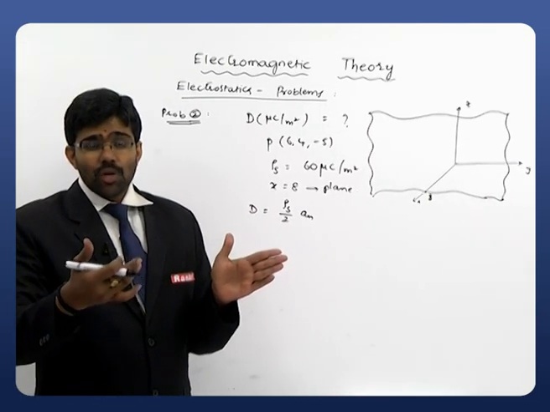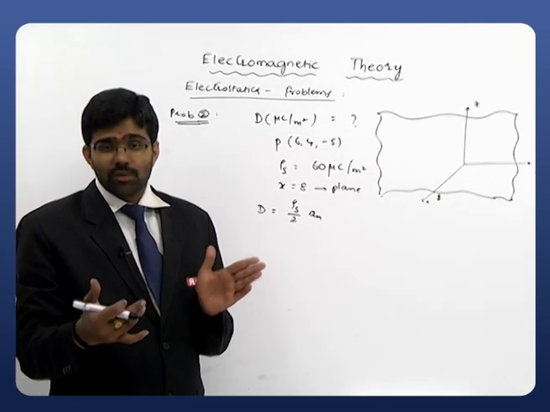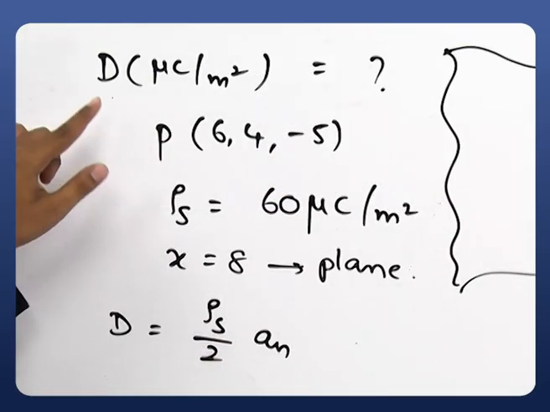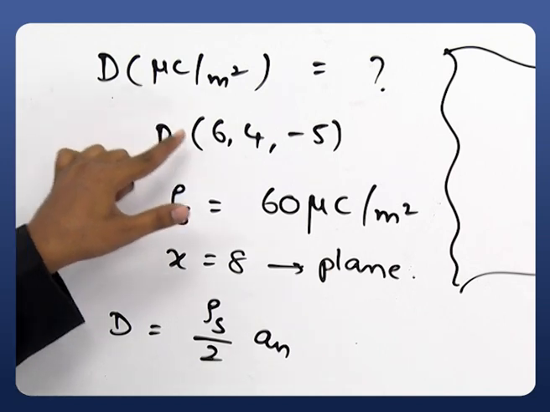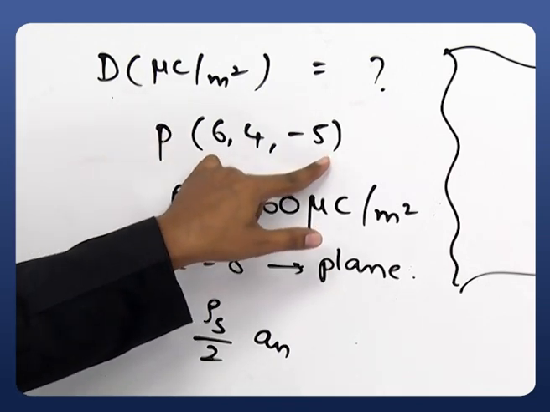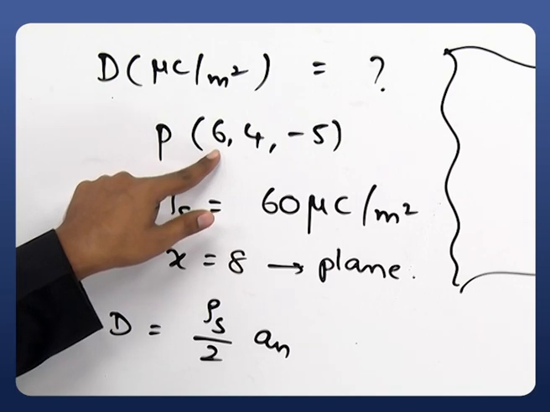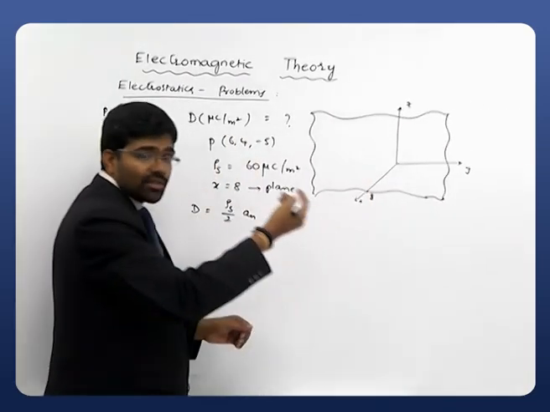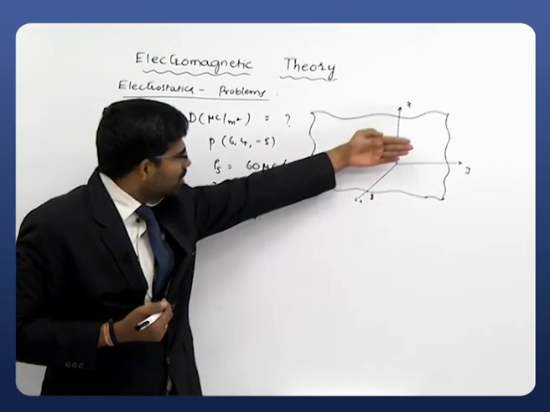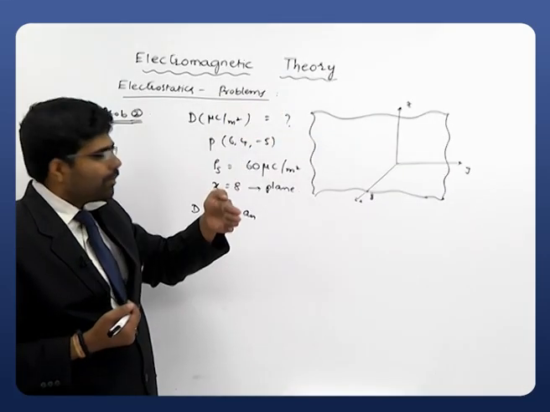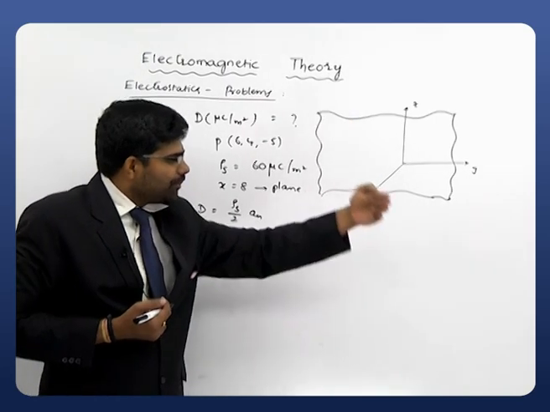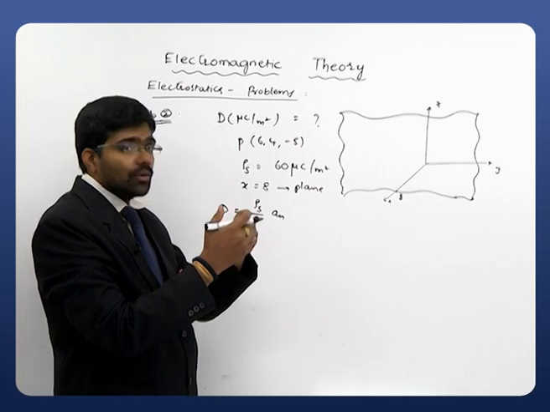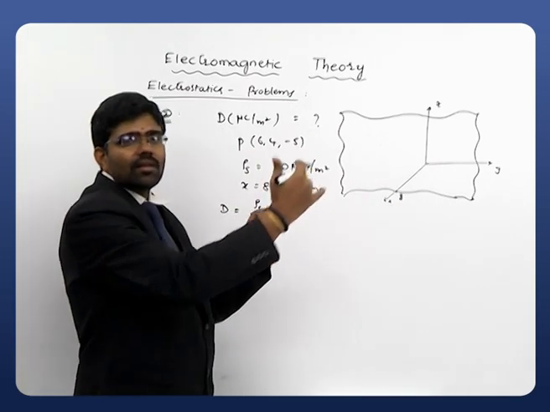So we have to observe a normal vector which is drawn from the sheet to the point. Now where is the point? The point is given as (6, 4, -5). So here the x coordinate is 6, so the point is behind the sheet from our side. If I am viewing the yz plane like this, the x equals 8 plane is here, and the point (6, 4, -5) is behind the sheet I am considering.